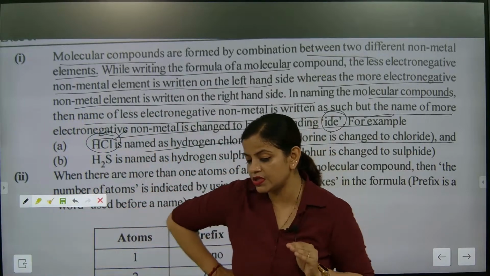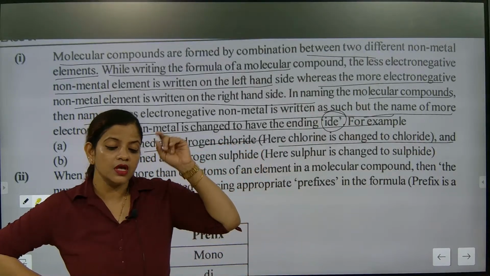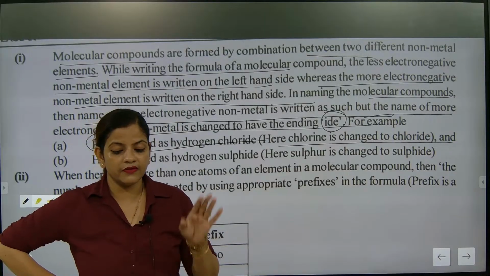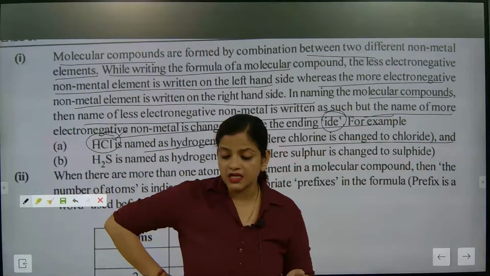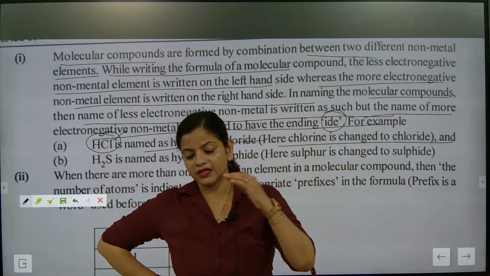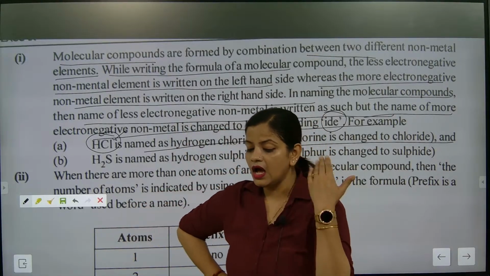So when we use the word ide, we are writing the name in terms of the one which is more electronegative and the one which is less electronegative. Hydrogen is 100% less electronegative, so it is written on the left part.